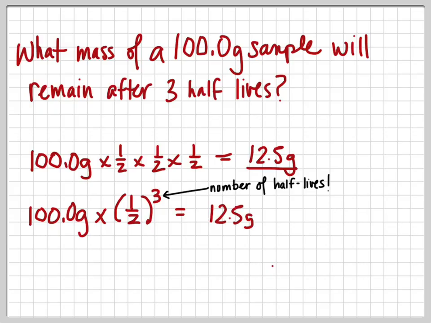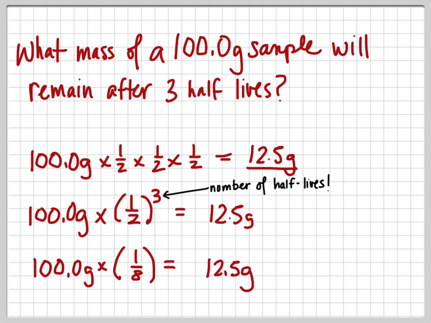That gives us, well, still 12.5 grams, and we could actually multiply those 1/2s all together and get 1/8, which gives us 12.5 grams. So we know that after 3 half-lives, the percentage of the sample that remains will be 1/8, or 1/2 cubed.